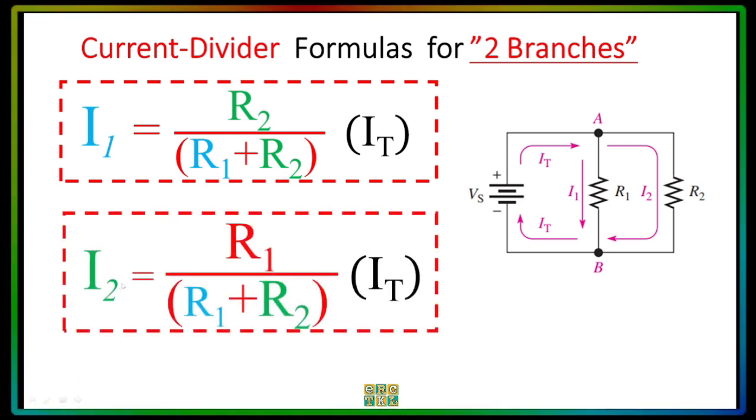Now, if you want I2, take note, I did not put here R2. I put R1. So you write the opposite resistance. If you want I1, put R2. If you want I2, put R1. Usually the error is when you put I1 here, you put R1, then you will be wrong. When you put I2 here, you should not put here R2. Please remember that one. And again, this current calculation is only applicable for two resistors or two branches in parallel.